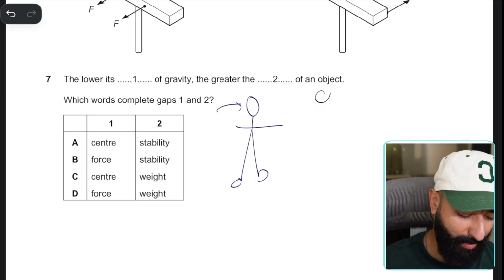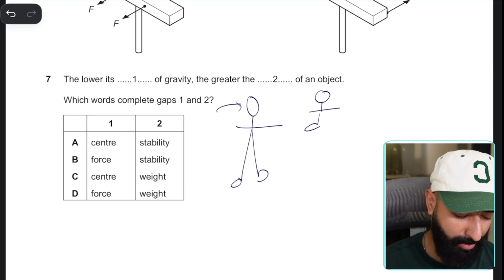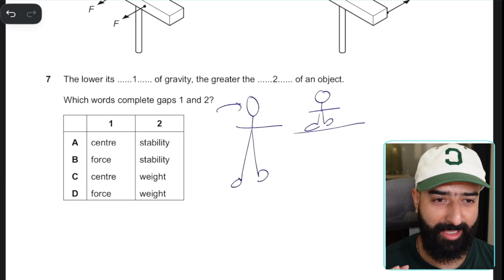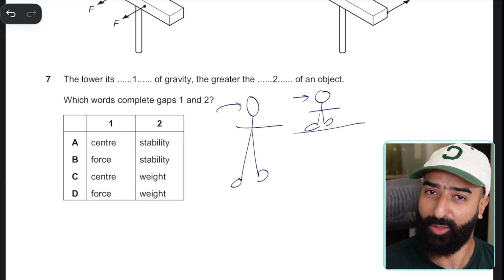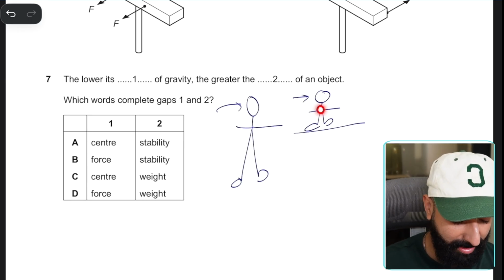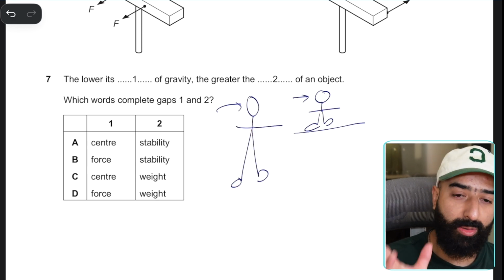On the other hand, if you look at an Olympic weightlifter who is short and stocky, and if you push him, he won't tip over, right? It's because his center of gravity is lower to the ground. This guy has a center of gravity which is high above the ground. You push it, it's going to tip over.